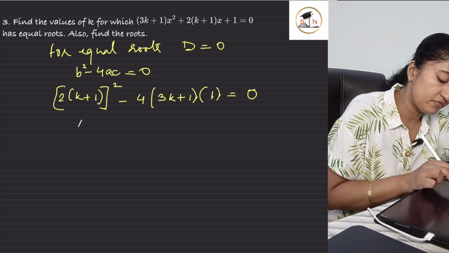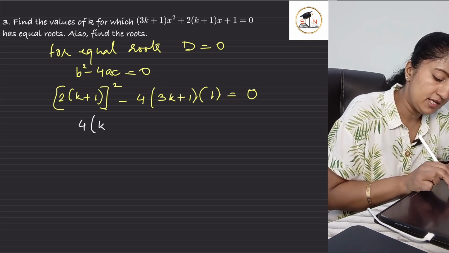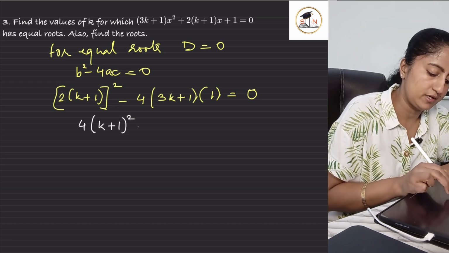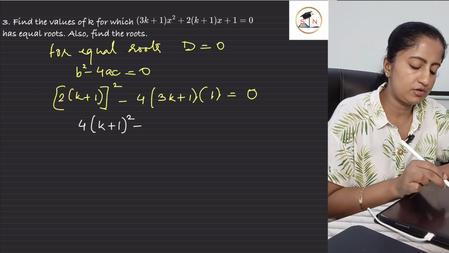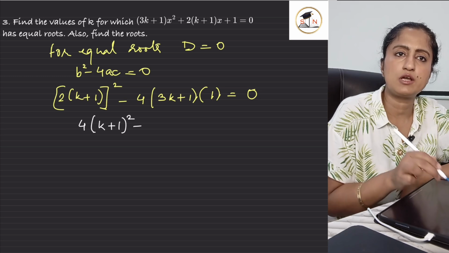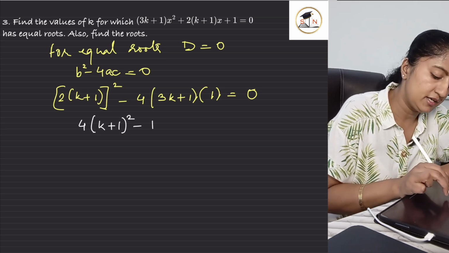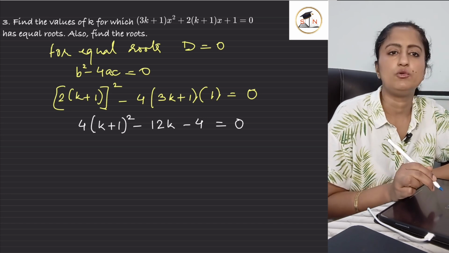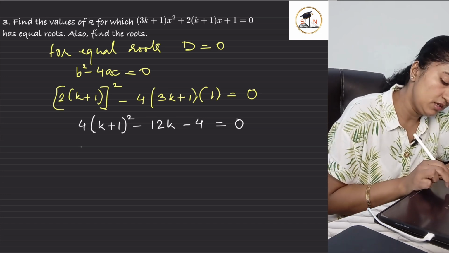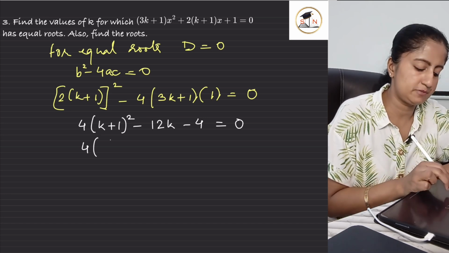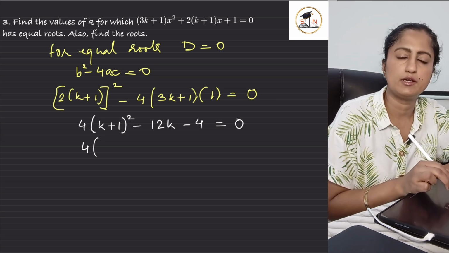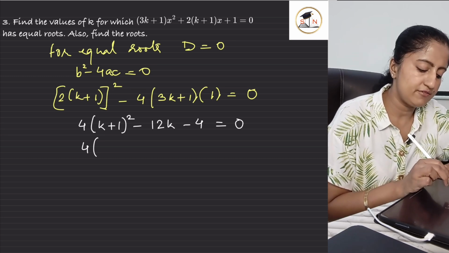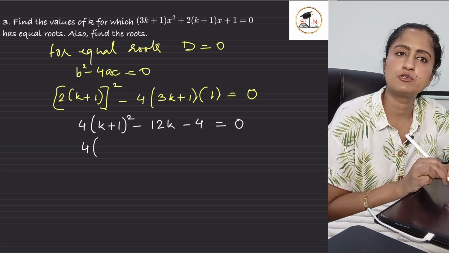2 square means 4, and then k plus 1 whole square, minus 4 times 3k plus 1. So I will expand the bracket, giving us minus 12k minus 4 equals 0. In the next step, I'm going to expand k plus 1 whole square, applying the identity of a plus b whole square.